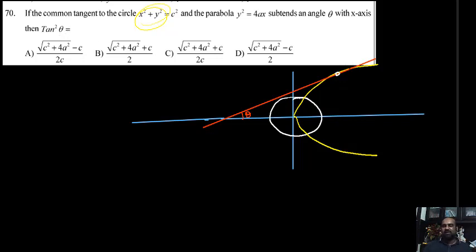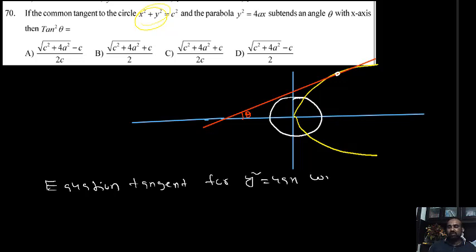First of all, I will find the equation of the tangent for the parabola. I will write the equation of tangent for y square equal to 4ax with slope m.